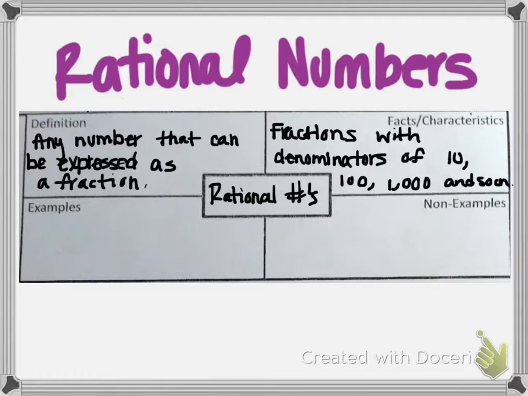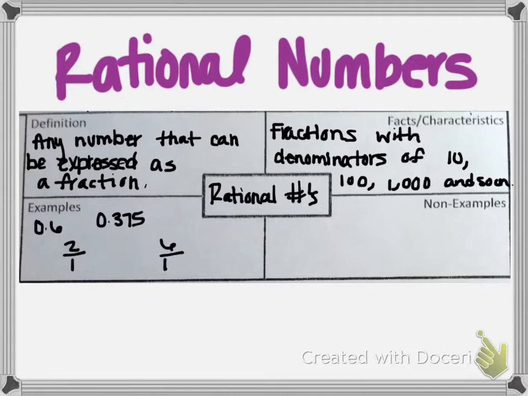Examples are 6/10, because that can be 6 over 10; 375 thousandths, because that's 375 over 1,000; and 2 over 1, because that's just 2.